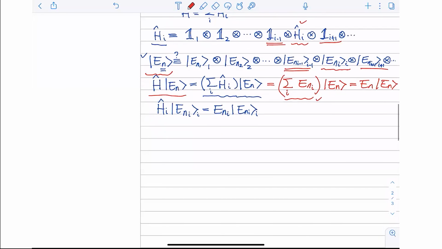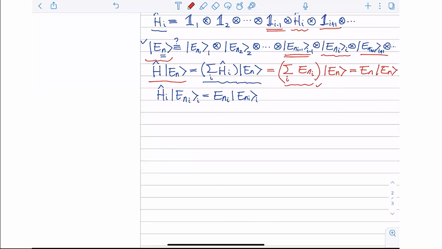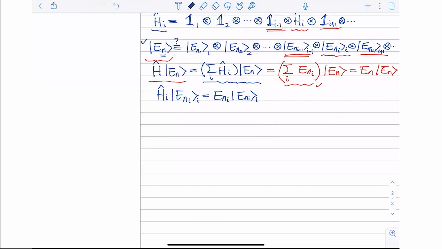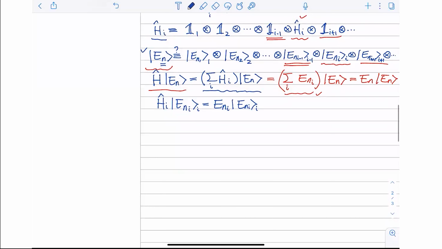So the question is, this is not a complete answer, as we discussed. This is a distinguishable particle setting. So the question is how to include the indistinguishable property.